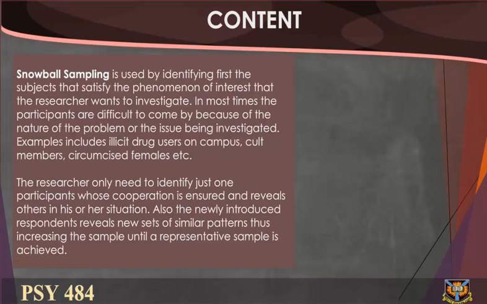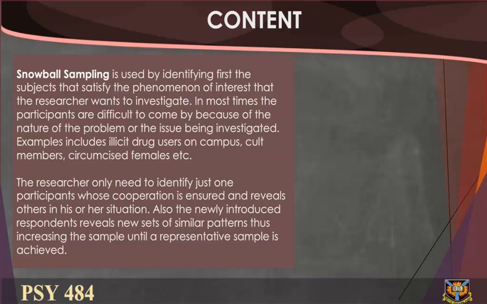Snowball sampling is used by identifying first the subject that satisfies the phenomenon of interest that the researcher wants to investigate. In most times, the participants are difficult to come by because of the nature of the problem or the issue being investigated.